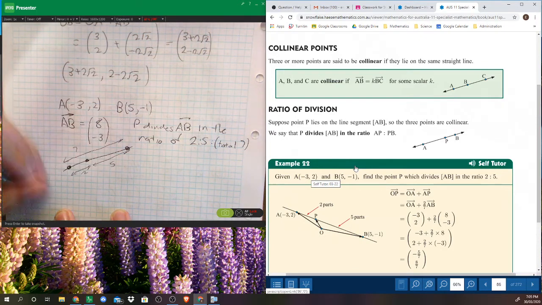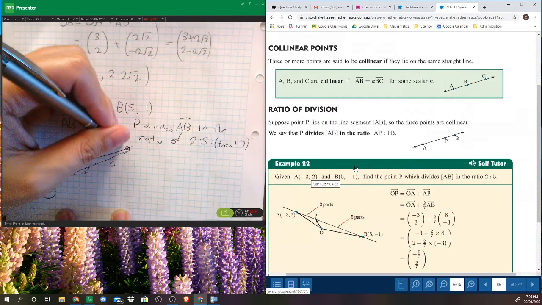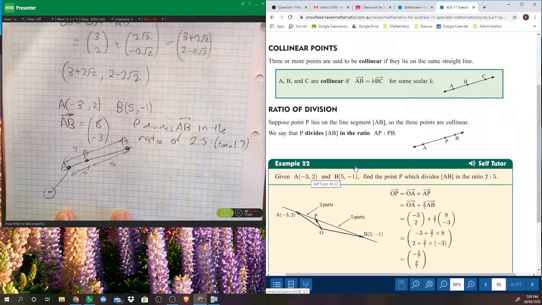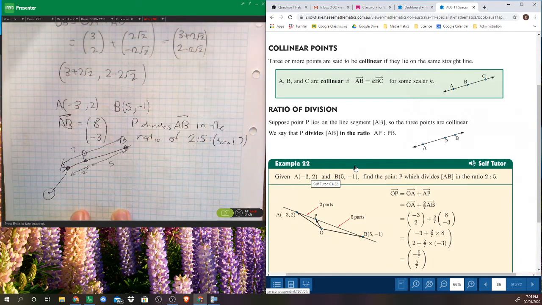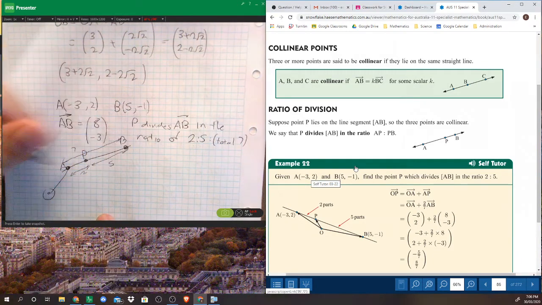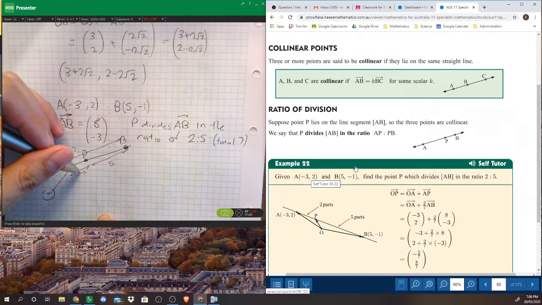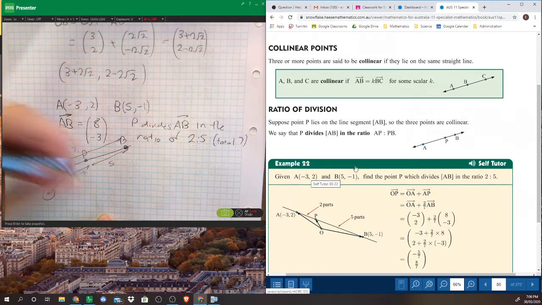The way to think about it is like this. We have a position and other points: there's O, there's A, there's P, and there's B. If the length from A to B was 7 something, then the length from A to P would be 2, so 2 to 7.